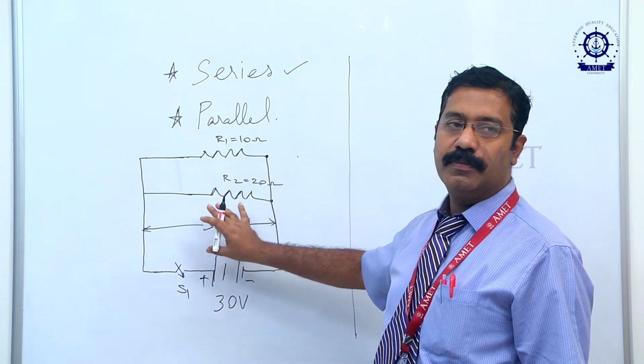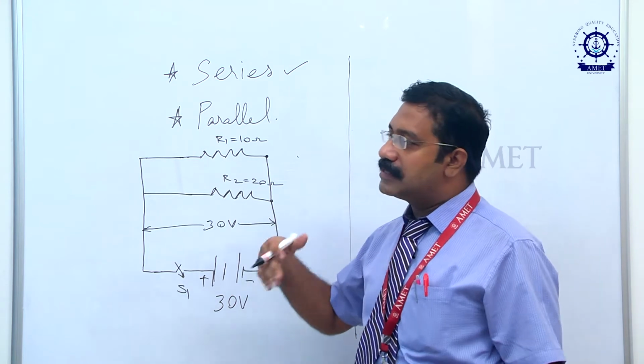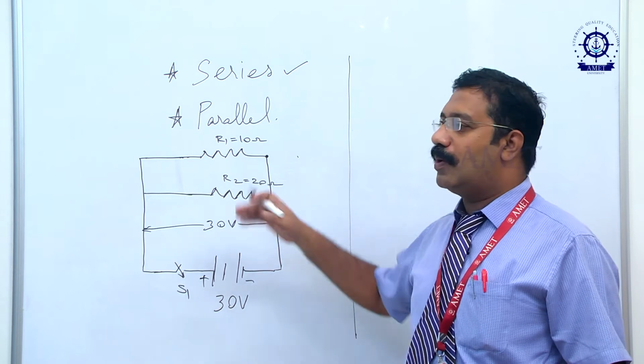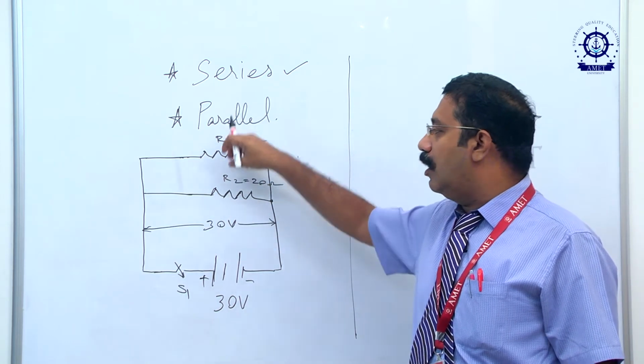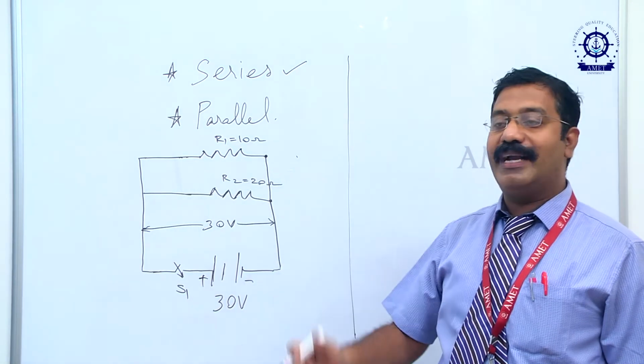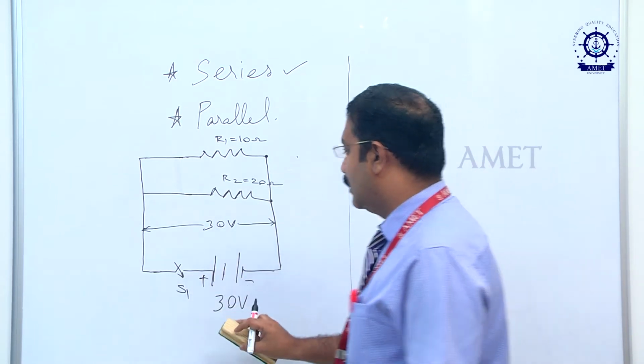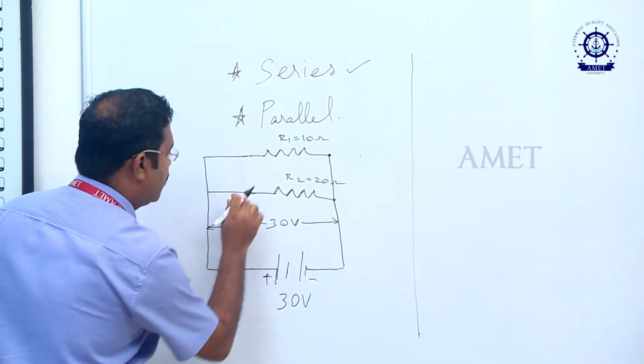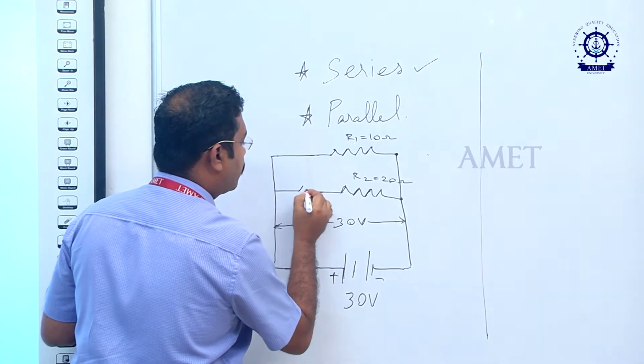Okay, for separate operation, for example, if I want to control the lamps or the loads individually, instead of connecting one switch over here, I can connect individual switches for each lamp.